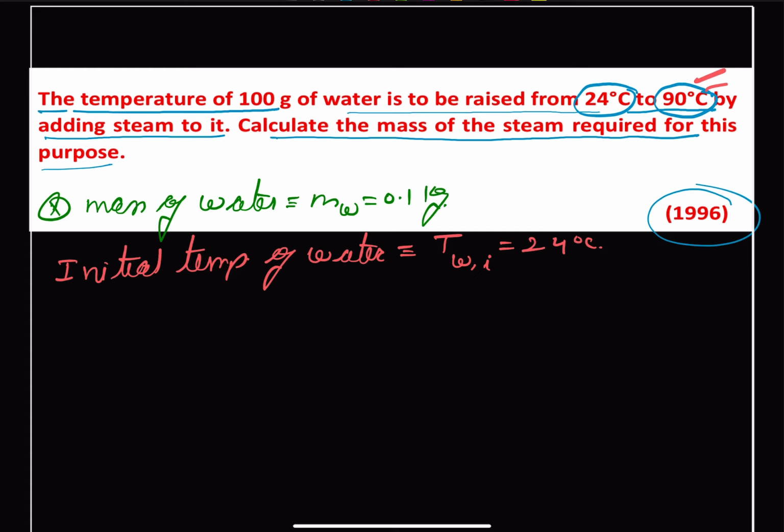So we can say that the final temperature of the mixture, let us call this TF, will be equal to 90 degree centigrade.